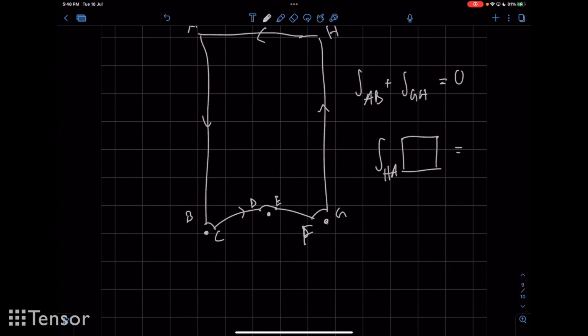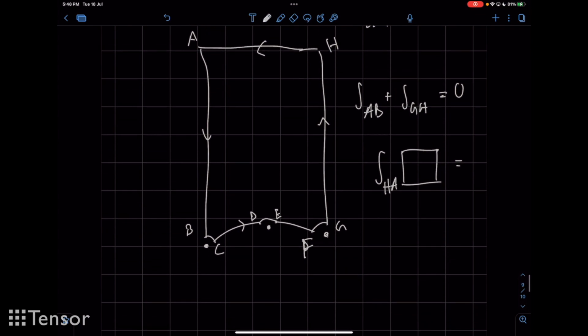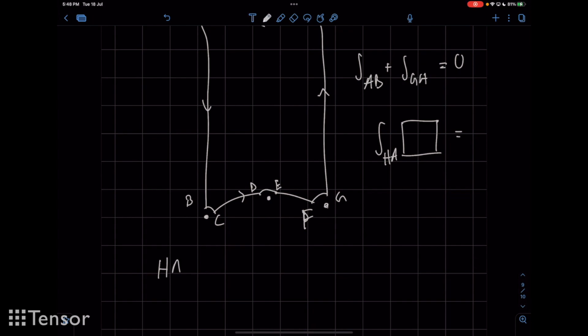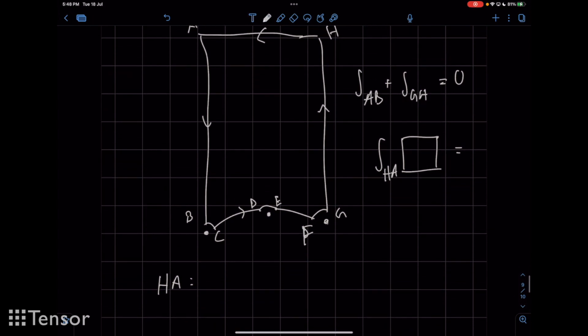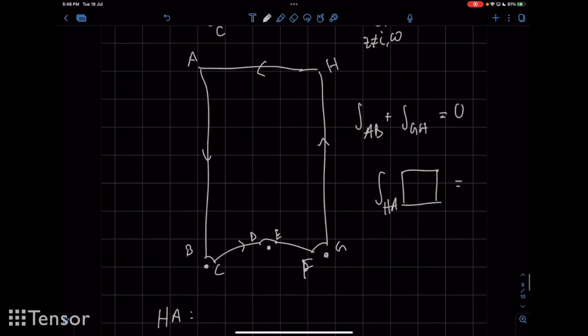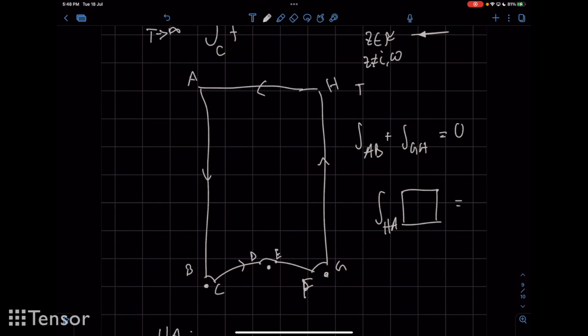Okay, yeah, and the HA can be parameterized as, this is t and this is it plus half, right? And this is it minus half.